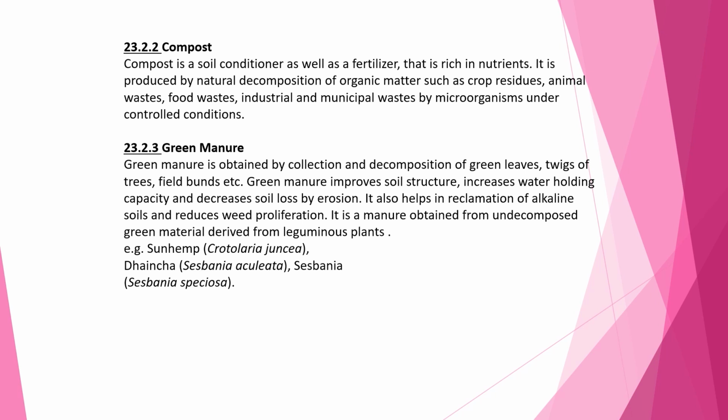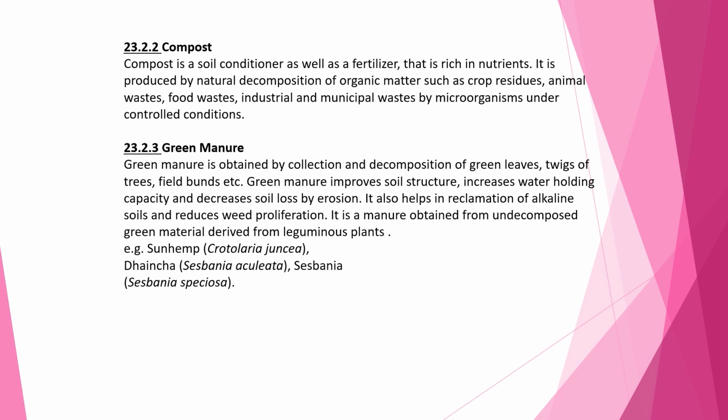Okay. Then green manure is obtained by collection and decomposition of leaves. Whatever we use, it has to be decomposed. Twigs of trees, field bunds are forming the green manure. It improves the soil structure, increases water holding capacity and decreases soil loss by erosion.